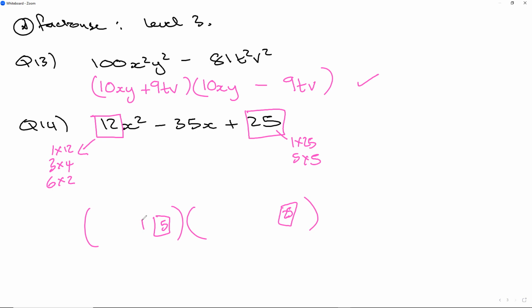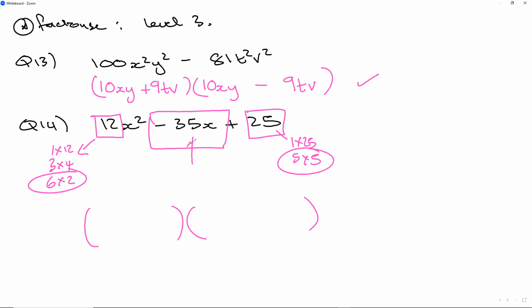It will definitely not be plus and plus, because that implies that the middle term is positive. So 5 and 5, or 1 and 25, because that's multiplied to become 25. So we have to choose a combination of these factors and these factors so that the middle term adds up to negative 35.